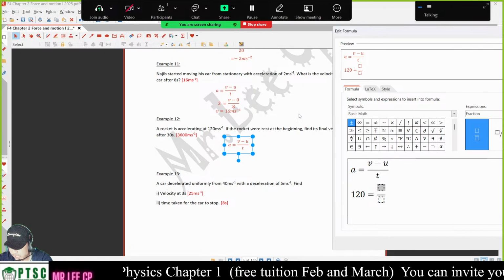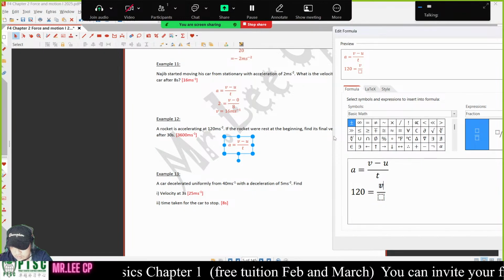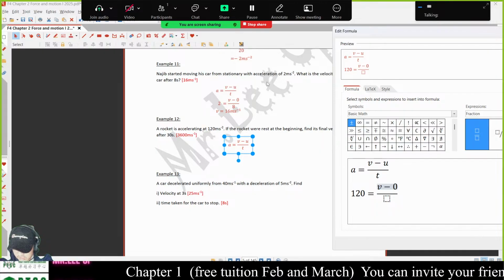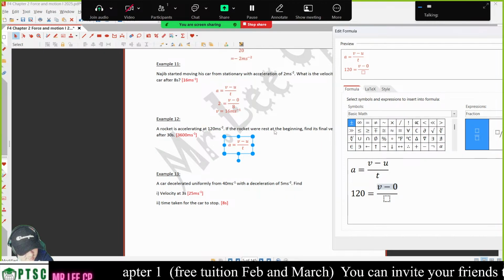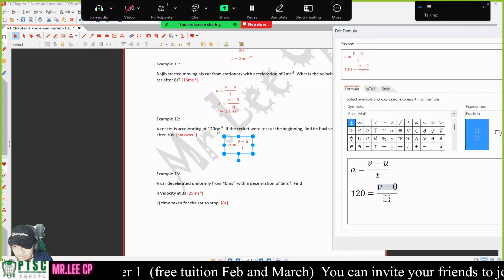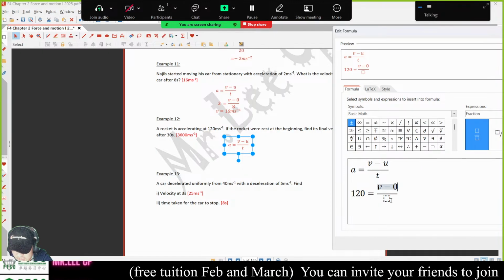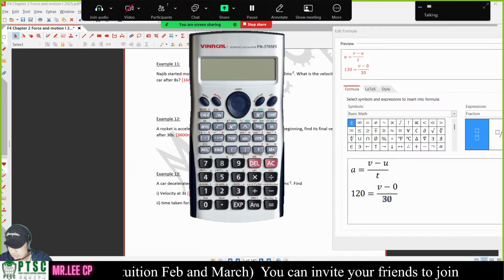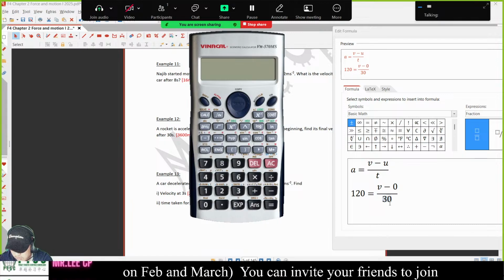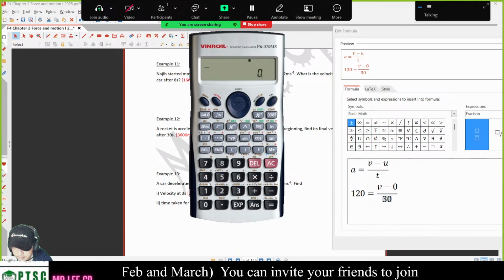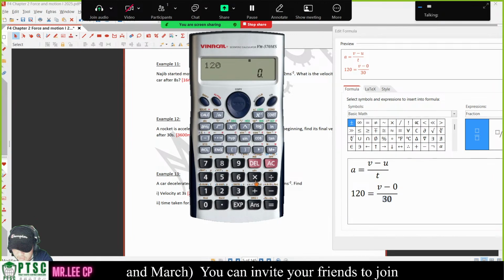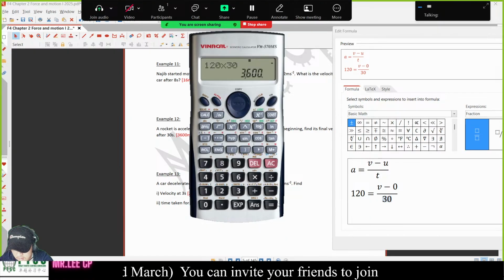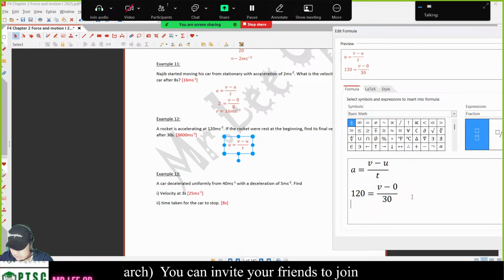V, final velocity, don't know. Initial velocity is 0. Why 0? Rest at the beginning. Over the time taken, it is 30 seconds. So v minus 0 is v. So 120 times 30, you get 3,600 final velocity.